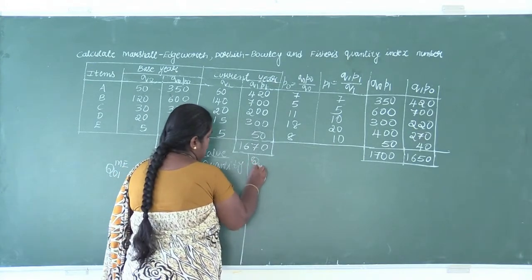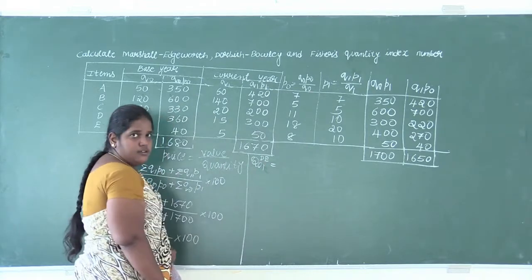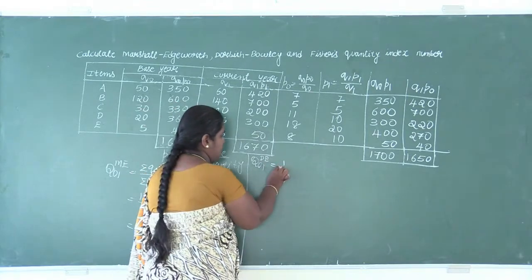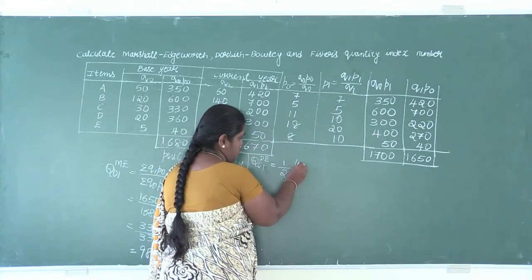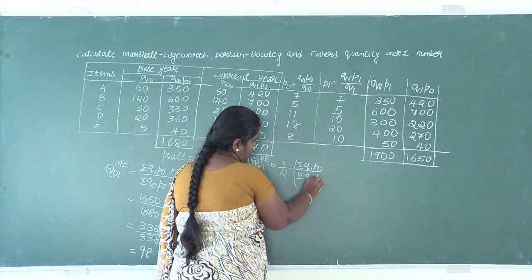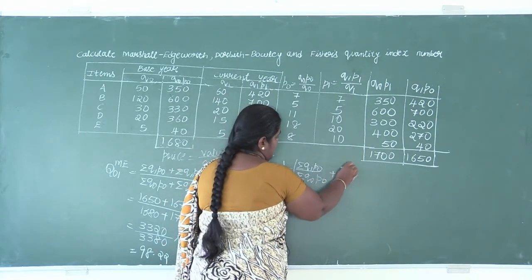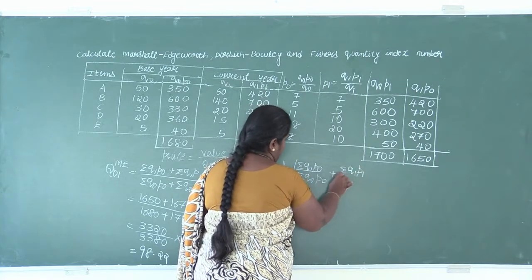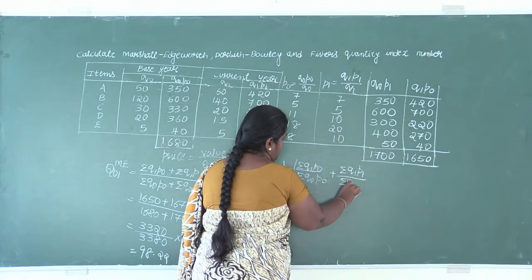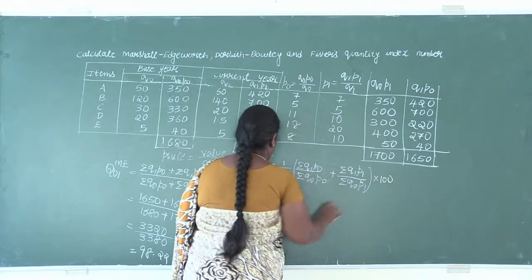Next, the second one is Dorbish-Bowley's quantity index number, and here we have to use the formula: 1/2 into sigma Q1 P0 divided by sigma Q0 P0 plus sigma Q1 P1 divided by sigma Q0 P1, into 100.